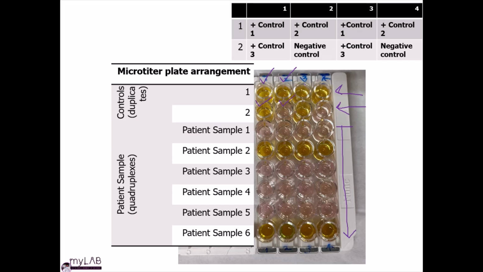The same here, because we have done them in duplicate. So this is positive control 1, this is positive control 2, this is positive control 3, and this is the negative control. That is the arrangement of our samples as well as our controls.